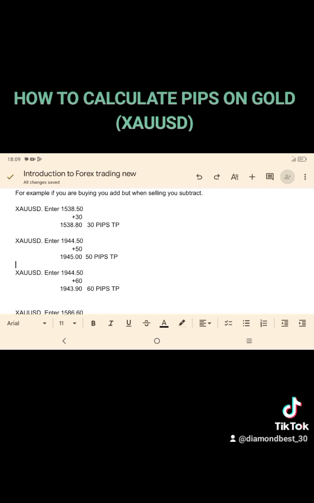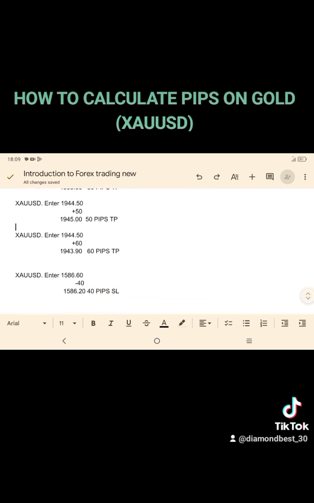When taking 60 pips now, you see that there's a difference in the number. Now, what do we do? Our number is 1944.50 and we want to take 60 pips TP in the market. What do we do? 0 plus 0 is 0. 5 plus 6 cannot go. What are we going to do?